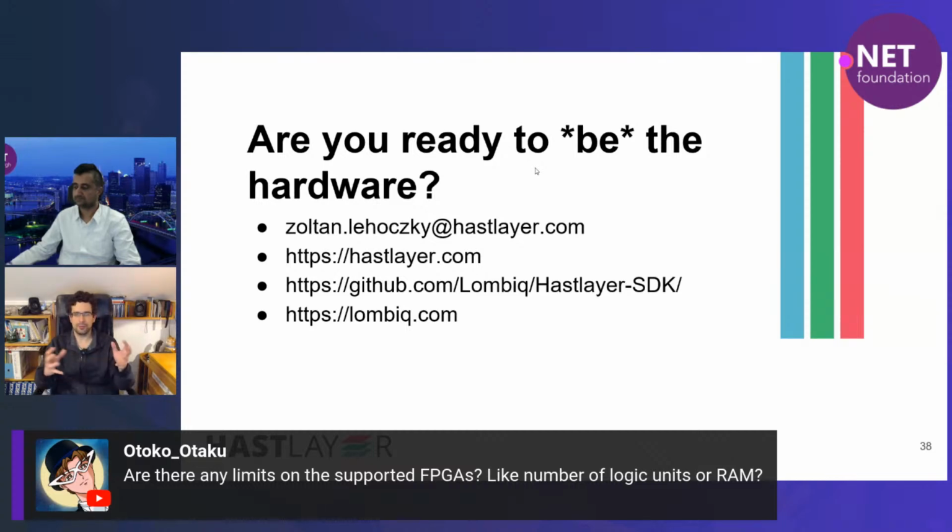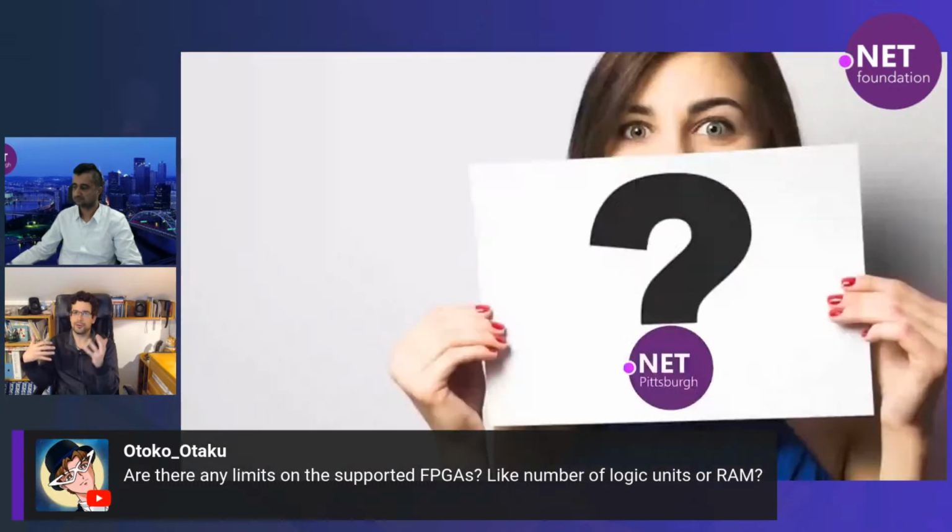Luckily, you don't need to actually have an FPGA for that, because when Hastlayer generates that VHDL code, with all the parallel algorithm copies, there also comes a hardware compilation step. That's done by the FPGA manufacturer's tool chain, and that will also tell you whether your logic will fit.